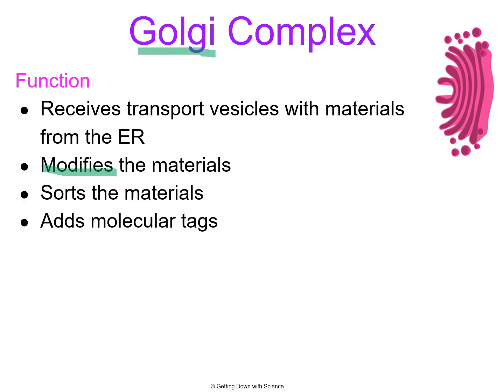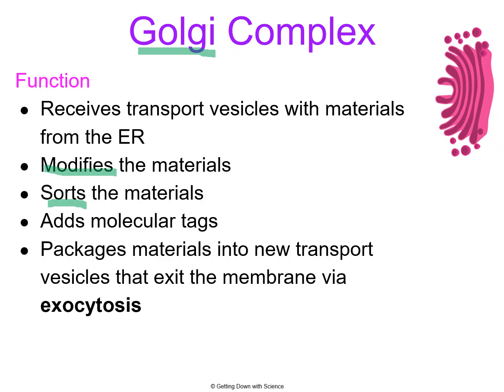So a long chain of polypeptides leaves the ribosomes. Ribosomes are found on the ER, and they come to the Golgi apparatus for modification. What are these modifications? Folding of the proteins, and sometimes adding other molecules to the protein. So for example, a protein can be modified into a glycoprotein by adding carbohydrates to that protein. It also sorts other materials, not just proteins, and it adds tags to these molecules.